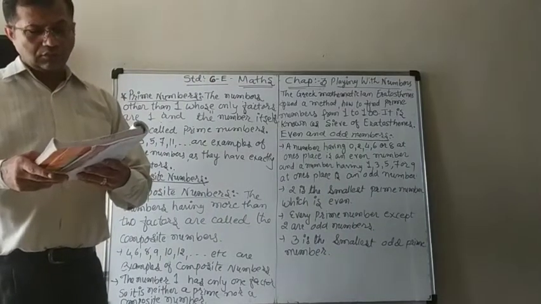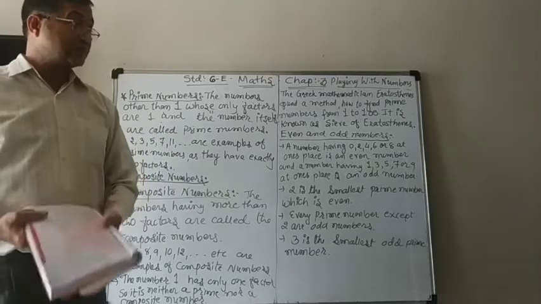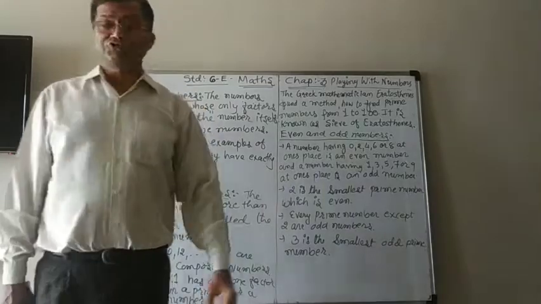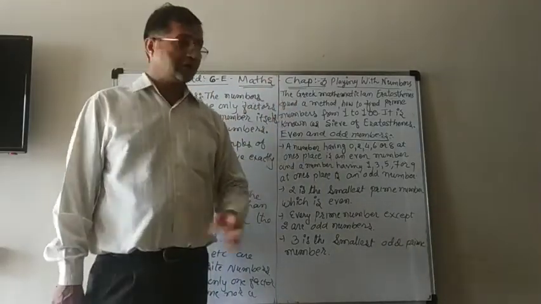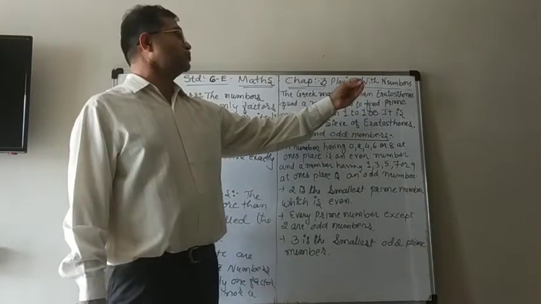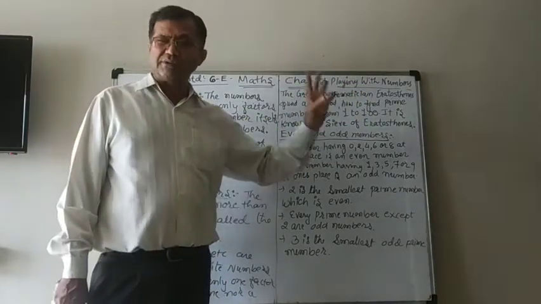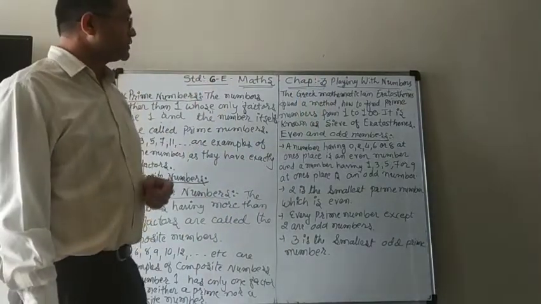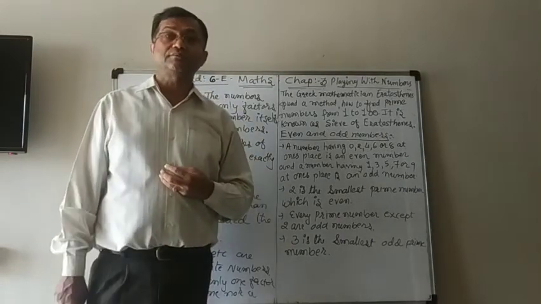Now, if we talk about how to get prime numbers, here the Greek mathematician Eratosthenes, the name is not so important, but he was a great mathematician from the country Greece.